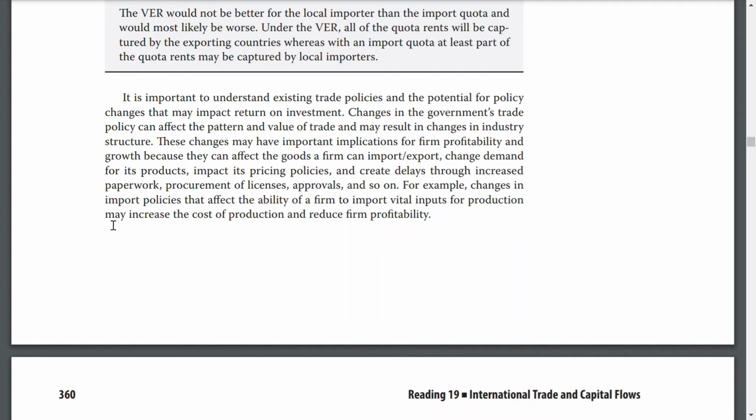These changes may have important implications for firm profitability and growth because they can affect the goods a firm can import or export, change the demand for its products, impact its pricing policies, and create delays through increased paperwork, procurement of license approvals, and so on. For example, changes in import policies can affect the ability of a firm to import vital inputs to production, which may increase the cost of production and reduce profitability.